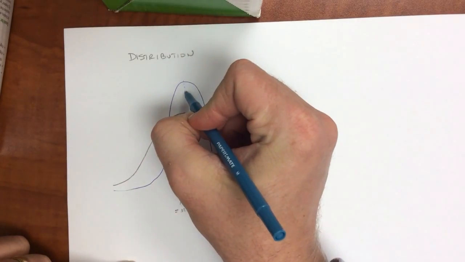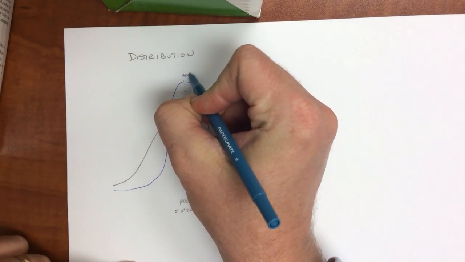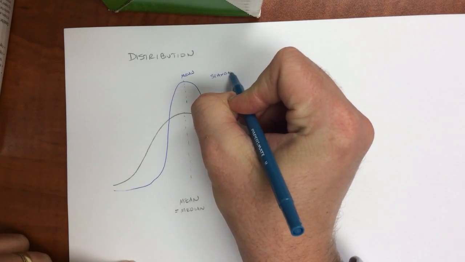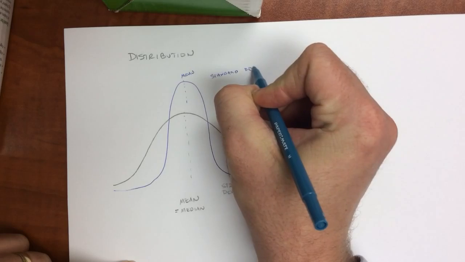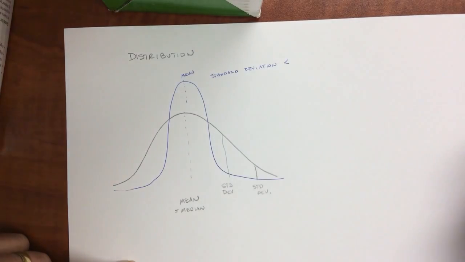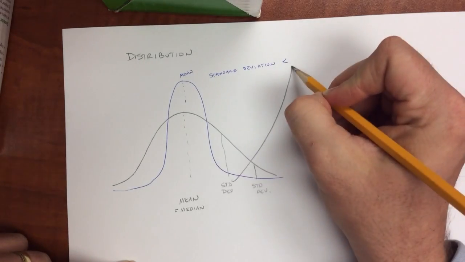So here the mean is still right here in the middle, but now the standard deviation is going to be less than this standard deviation.